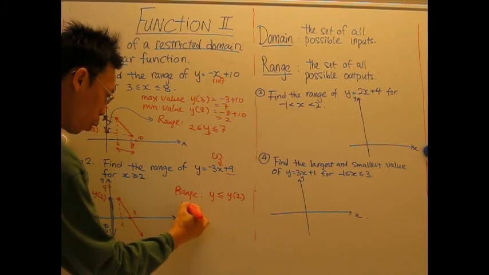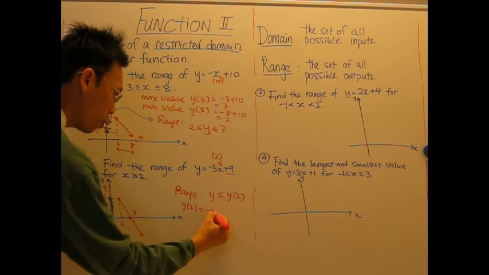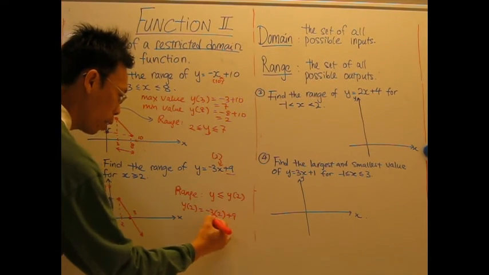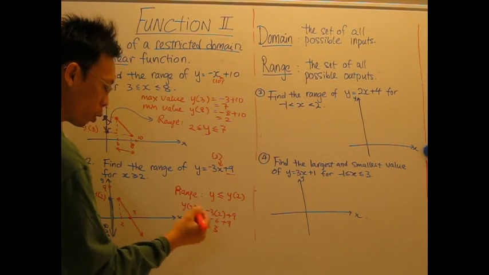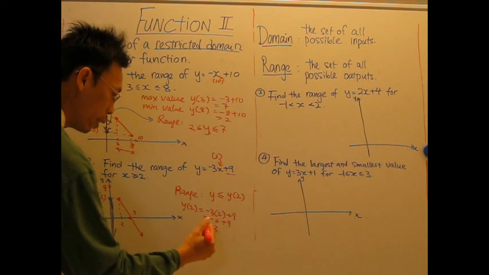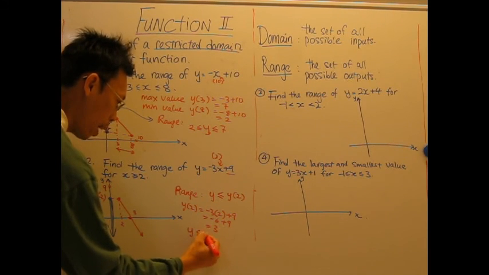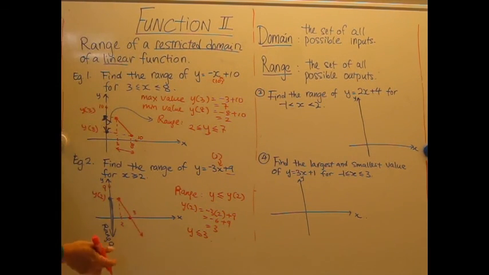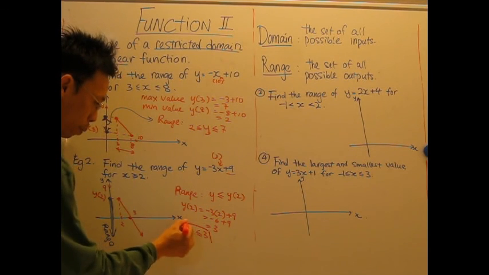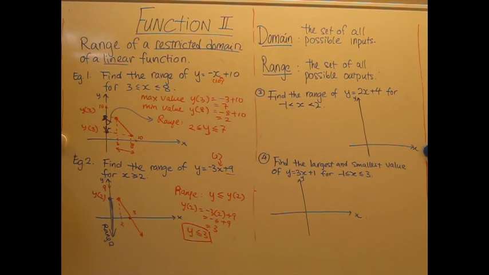What is y of 2? y of 2 is negative 3 times 2 plus 9, which is negative 6 plus 9, which is 3. So the range is y less than or equal to 3, and it goes on forever. That's my range. There is no minimum, there is only a maximum here, and it goes on forever.